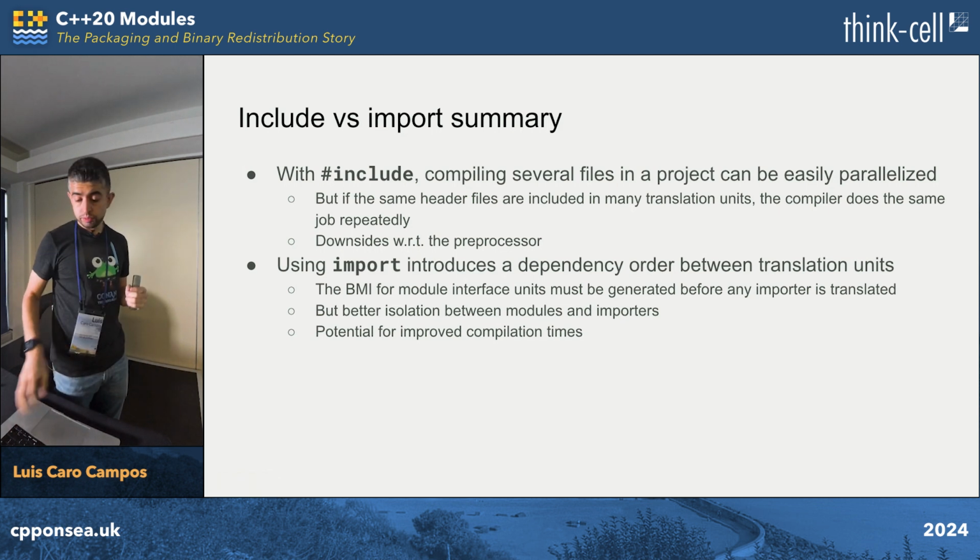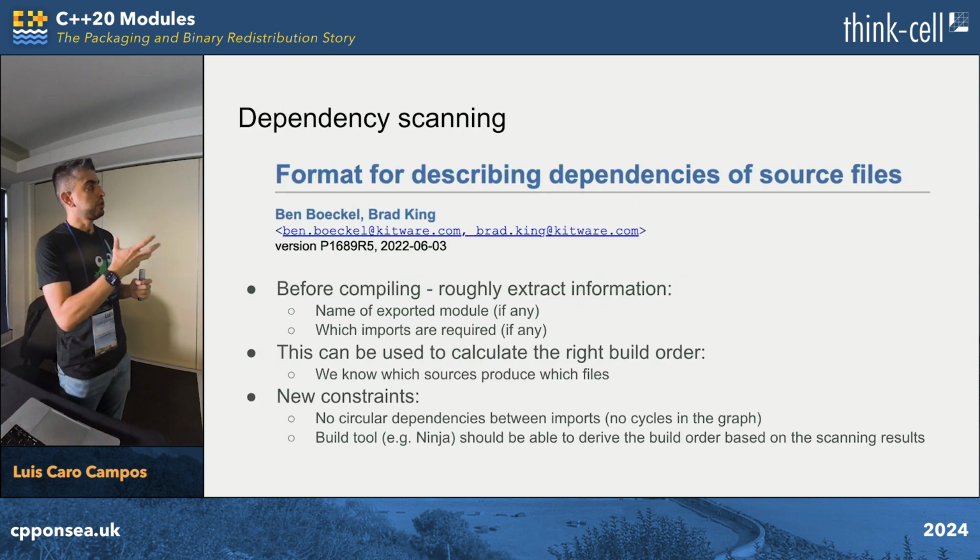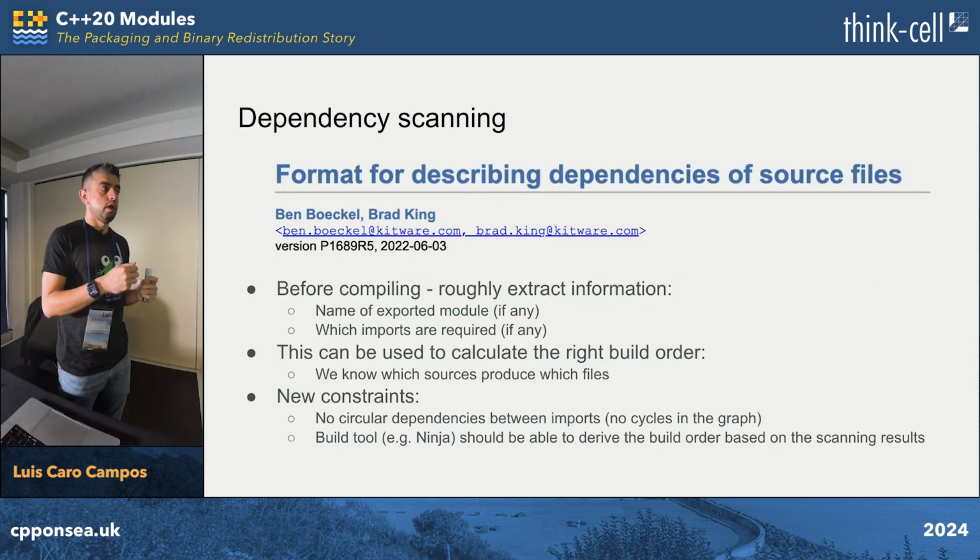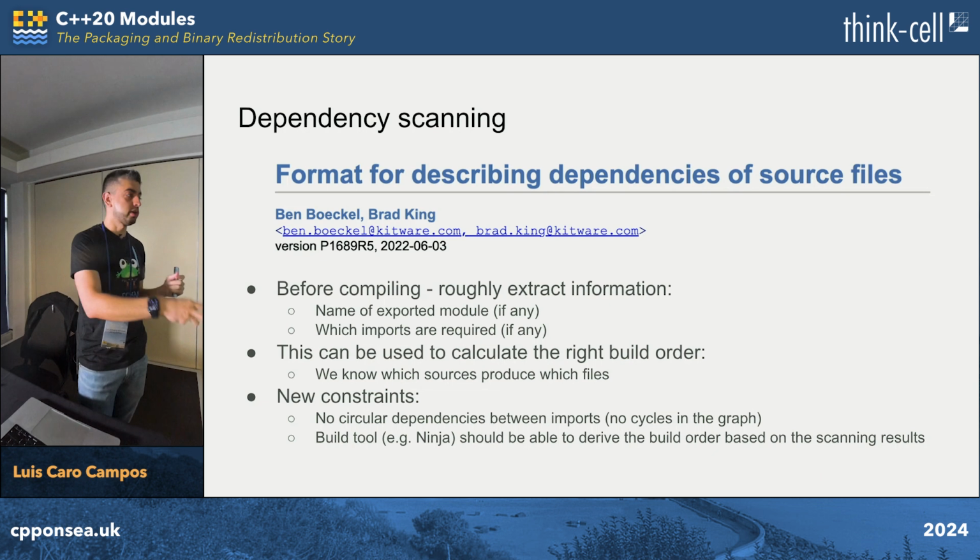So when it comes to the build order for modules, there is something called dependency scanning. It would be very hard to do, but it would be possible if you know which files are importing which modules. You can probably code it in your build system, whether you're manually rolling your makefiles or in CMake.